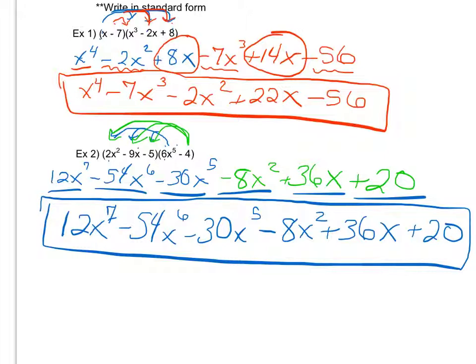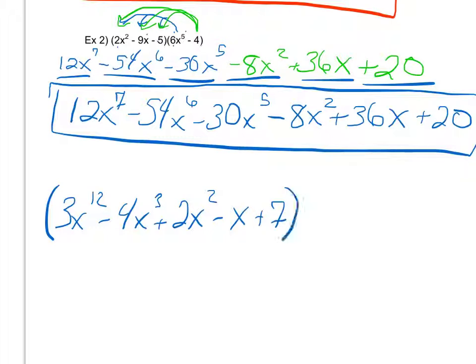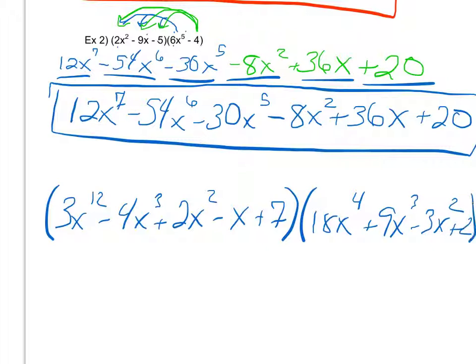Okay, so notice that that's my last example, but I just want to point out I could have something like 3x to the 12 minus 4x cubed plus 2x squared minus x plus 7 times 18x to the 4th plus 9x cubed minus 3x squared plus 2.